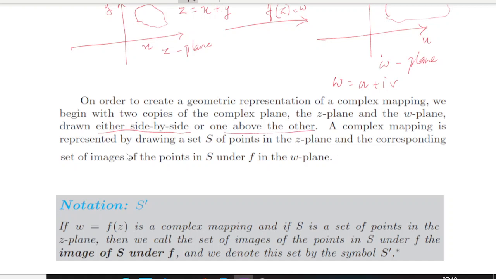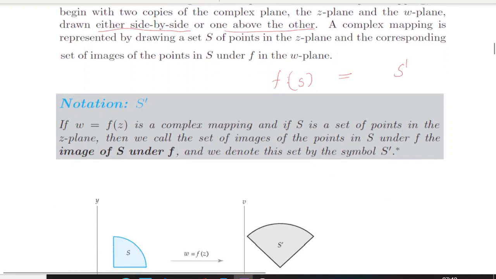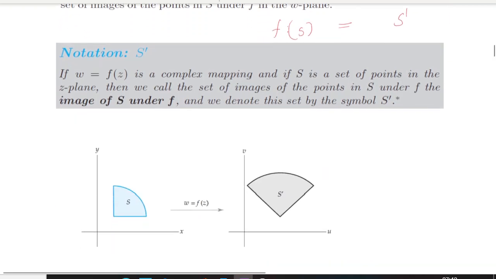The complex mapping is represented by drawing a set S of points in the z plane and the corresponding set of images of the points in S under f, which we represent as S dash. So we map f of S as S dash. That's the next thing, notation. The image of S under f we are mentioning as S dash.